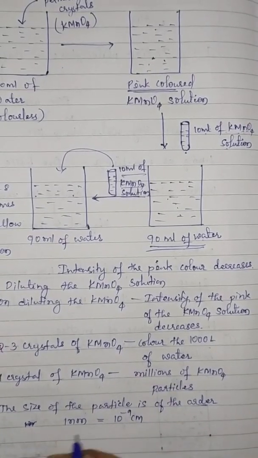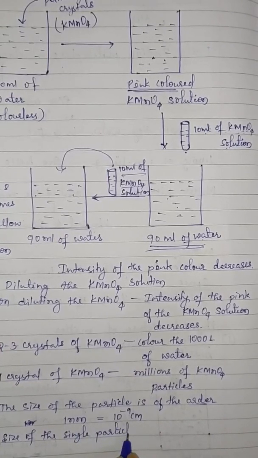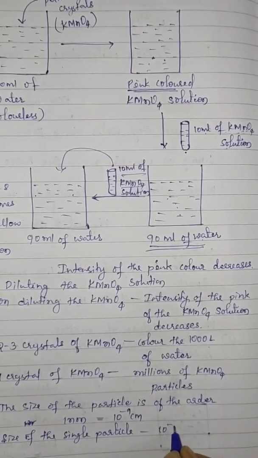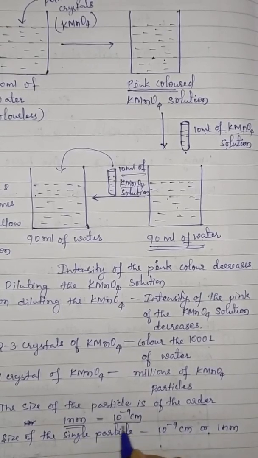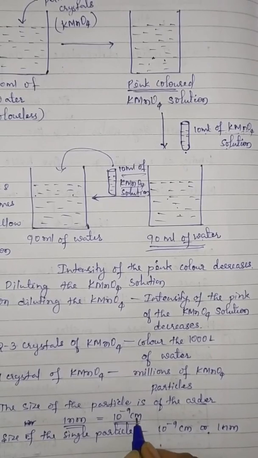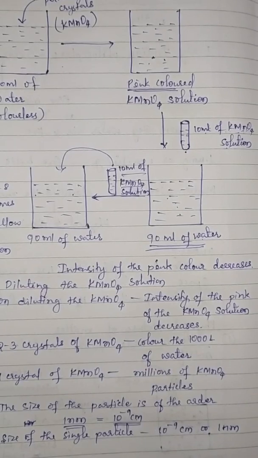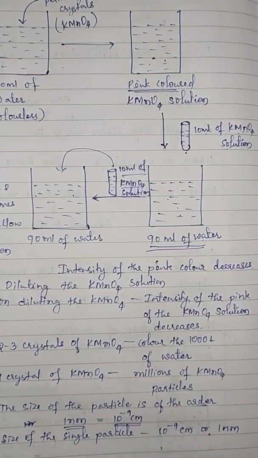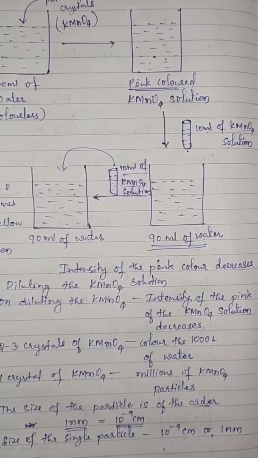Okay, size of a single particle is 10 raised to minus 9 centimeters or 1 nanometer. Okay, this is very small. Okay, size of the particle is very small, and we can't see the particles with our naked eyes.